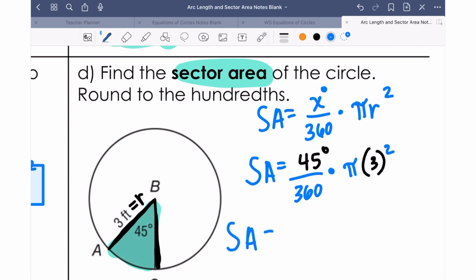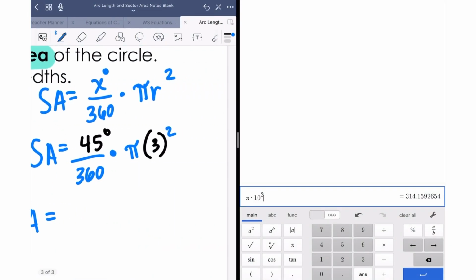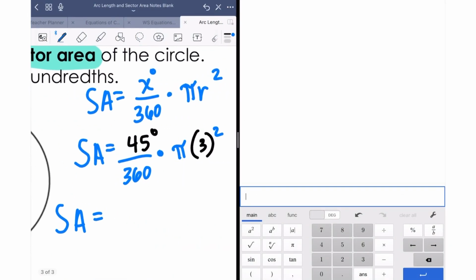And now we can go plug it in. So I'll show you one more time in Desmos. 45 out of 360, so that creates a fraction, times pi times, I'm going to show you all the different ways you could do this in Desmos. You still get the same answer, times 3 squared.